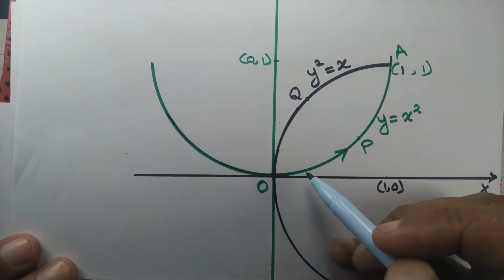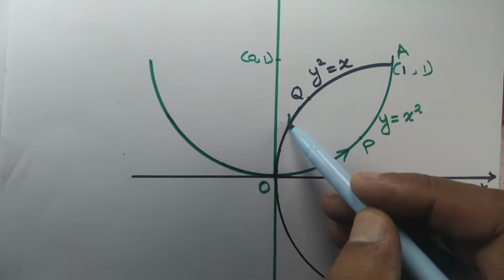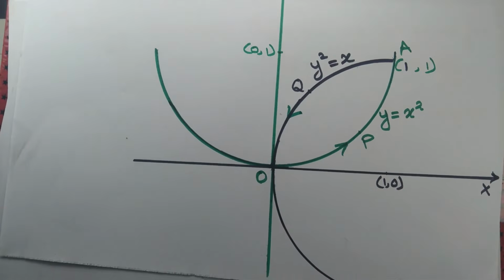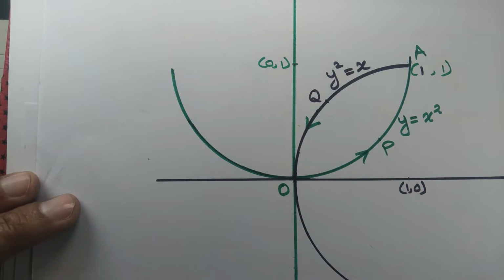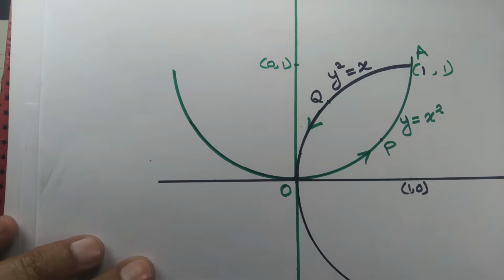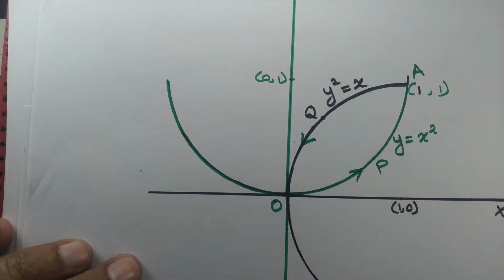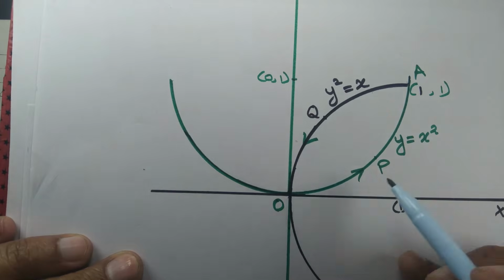We move from OPAQO. So we have obtained a closed curve with an anti-clockwise direction. Further, we need a region inside that closed curve. So we got a region inside this closed curve.